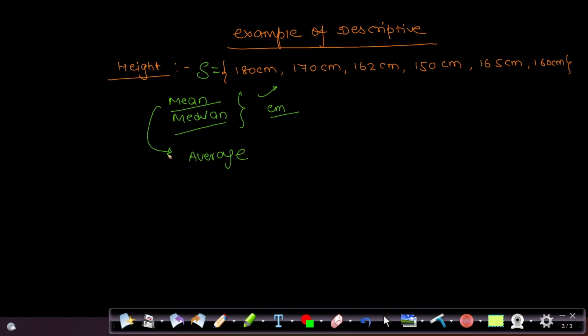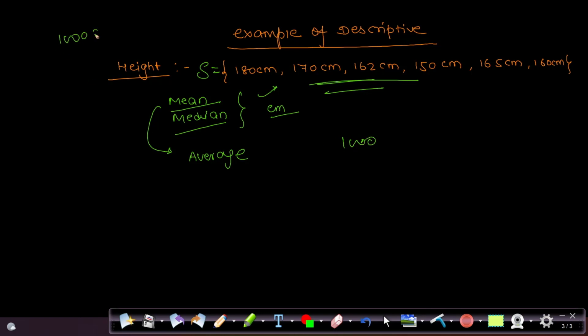How can we relate this example to inferential statistics? Suppose the same 1000 students we took for the election are used to calculate heights. From these 1000 students, we take a sample and find the mean and median, which gives the descriptive statistics. In inferential statistics, by considering the heights from this sample, we calculate the average height of the 1000 students.